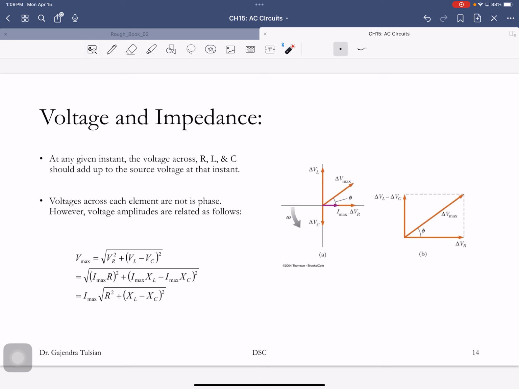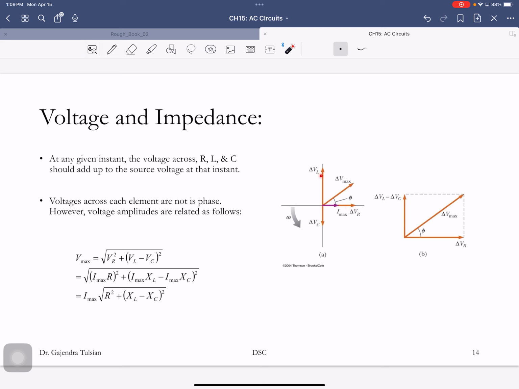This is the voltage amplitude across the resistor, this is the voltage amplitude across the inductor, and this is the voltage amplitude across the capacitor. Let's say this is the phasor current, so that's the amplitude of the current in the circuit. The voltage phasor is in phase with this.